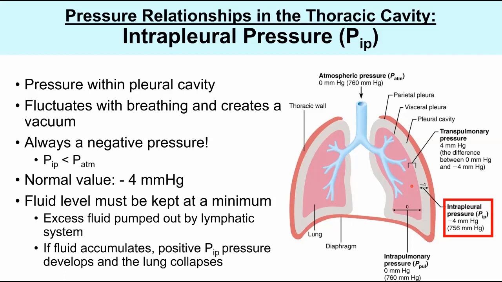And if that space becomes a positive pressure, we're no longer creating a vacuum working to keep these lungs inflated. We're kind of doing the opposite, promoting collapse. So it's really important that we keep the fluid level in the intrapleural space at a minimum and therefore maintain that negative pressure within that space.